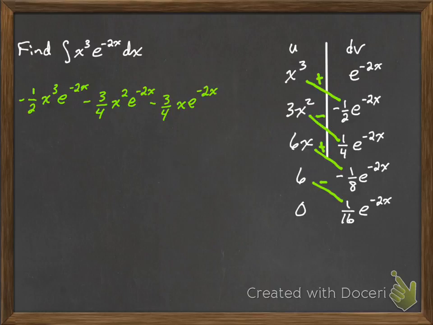And then we have negative 1 times 6 times this. 6 times 1/16 will reduce to 3/8, so you're going to have minus 3/8 e to the negative 2x. And once again, plus our constant c.